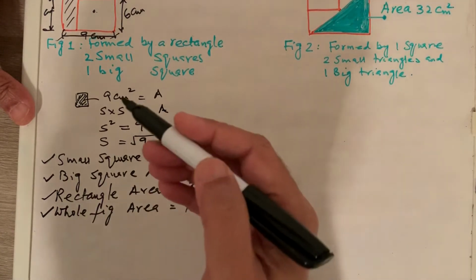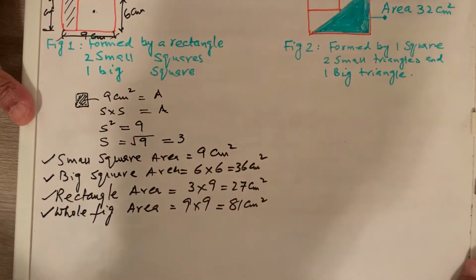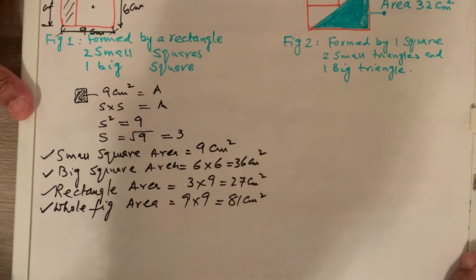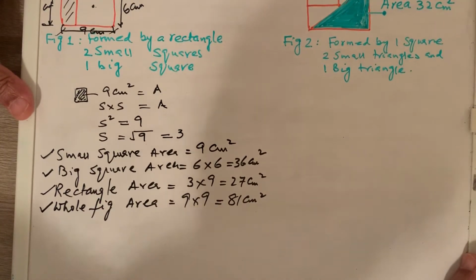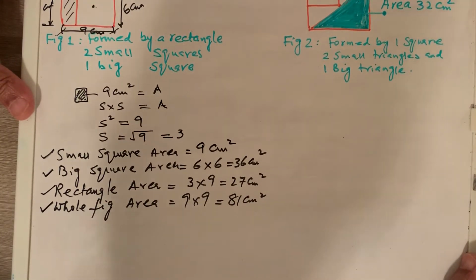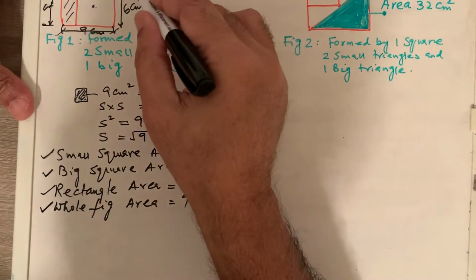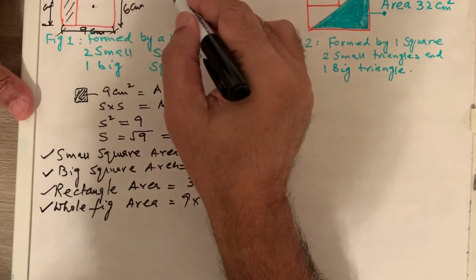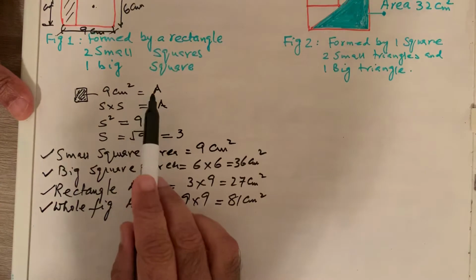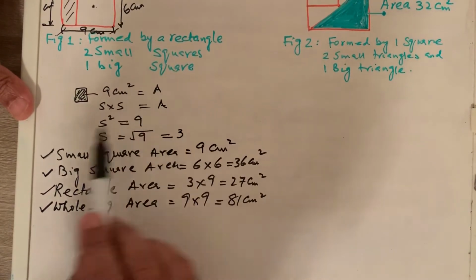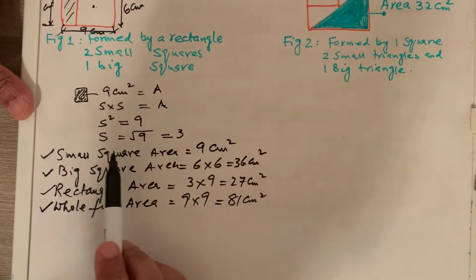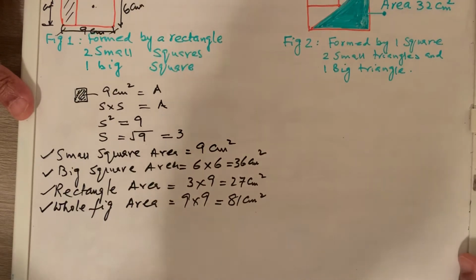So we have to check the picture closely and figure out the rest of the dimensions. Only one thing was given here, the area of this small square, which was 9. And we know that area is side into side, so we deal with the situation and find out all the dimensions of the shape.